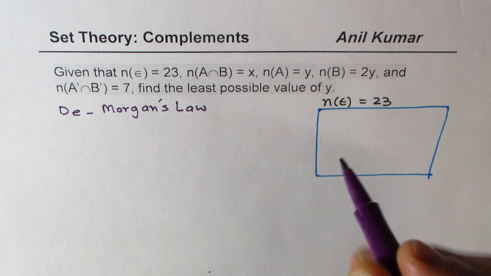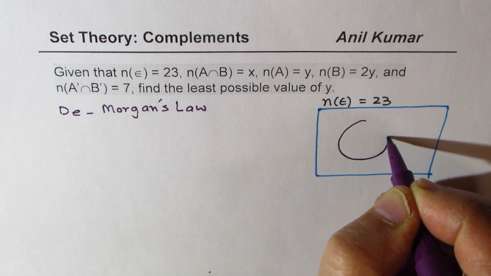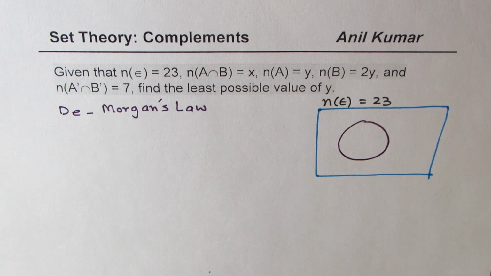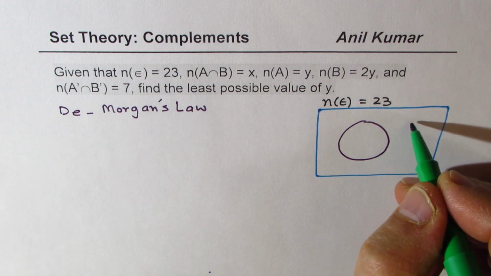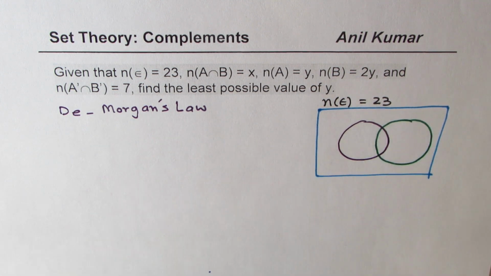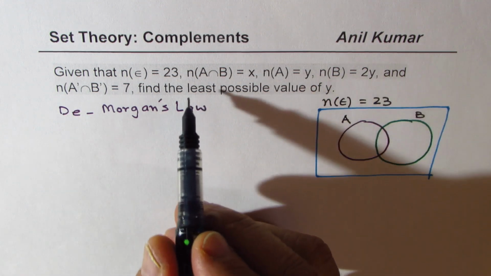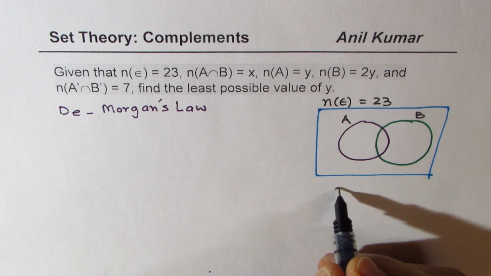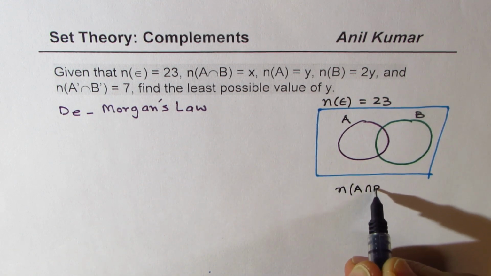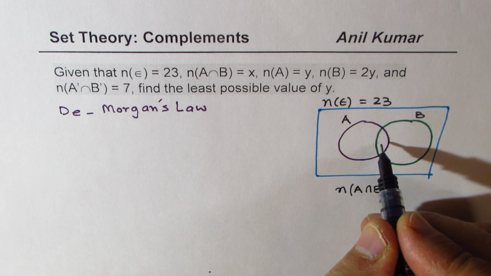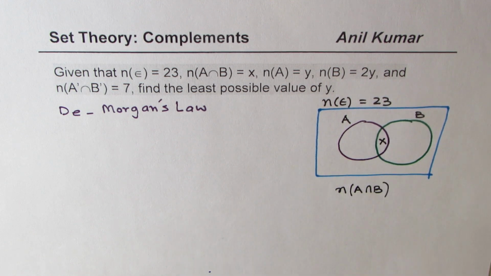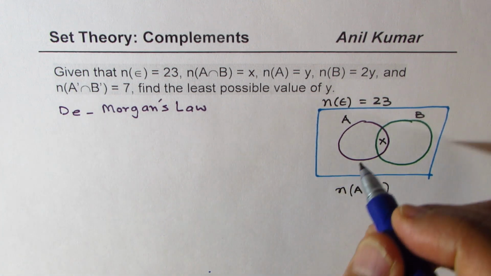And inside this we have two sets, A and B. Let's say this is set A for us, and let's take another set B. So these are the two sets A and B, where we are given that N intersection of A and B, we are actually referring to something right there in the center. So that has X elements, correct? So this becomes the intersection of A and B.